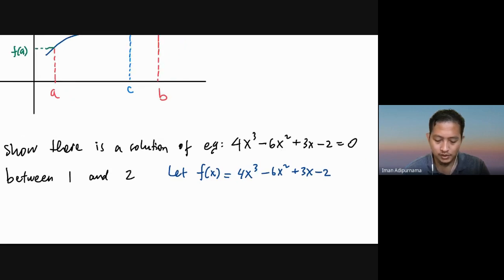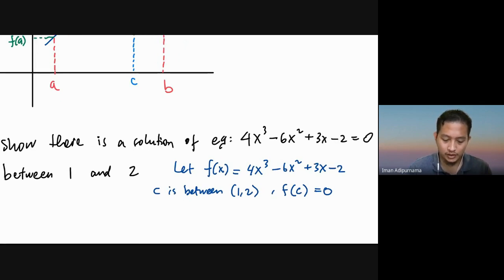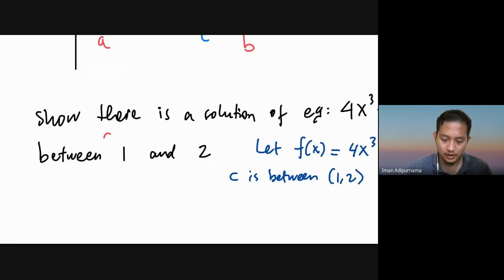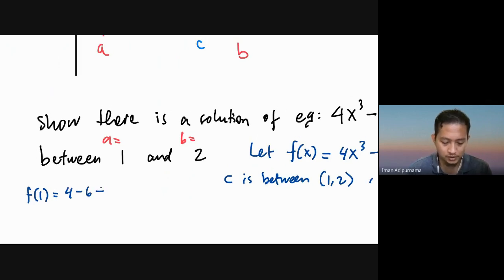We need to find a number c, c is between 1 and 2, and when you evaluate f at c, it should be equal to 0. All right. And then we can take a, this is a, and this is b. And we can evaluate each number. So f of 1 will be 4 minus 6 plus 3 minus 2. It should be negative 1.